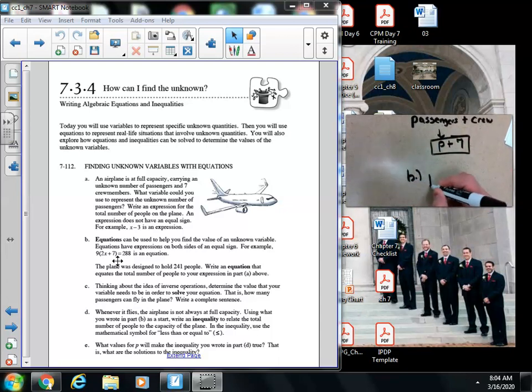So on one side of our equal sign is going to be P plus 7, the passengers plus the crew members. We also know that the plane was designed to hold 241 people. So the number of passengers plus our crew members is going to be equal to 241. So now we write an equation that tells us about the total number of people that can fit on our plane.